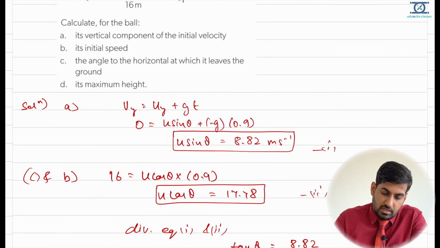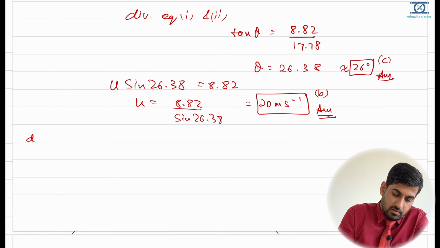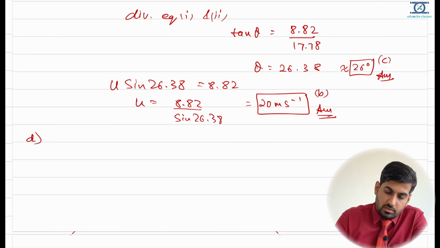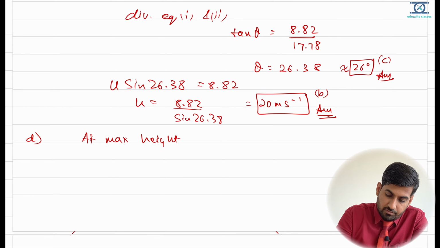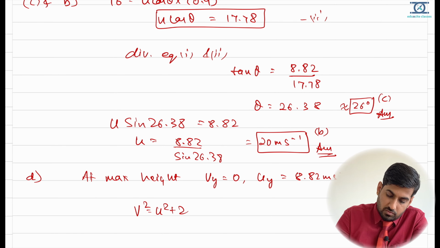Now its maximum height. So maximum height we can find out again using, at maximum height, again the velocity component vy will be 0, uy is u sin theta, which is 8.82 meter per second, and time we don't know, so I'm using v square equals u square plus 2as, right?